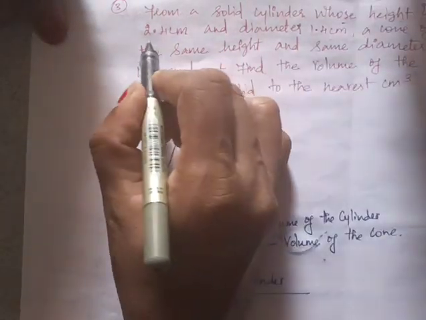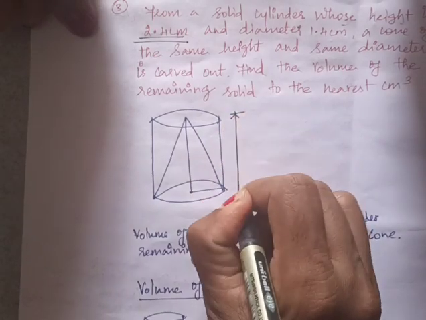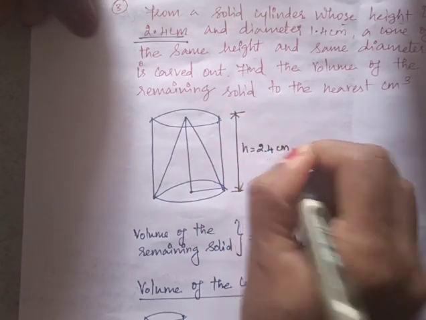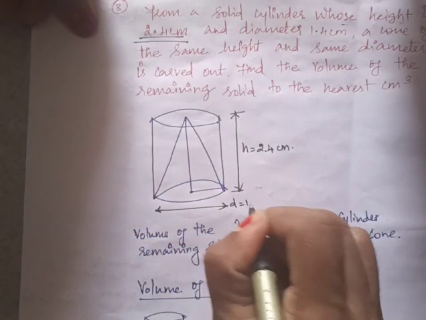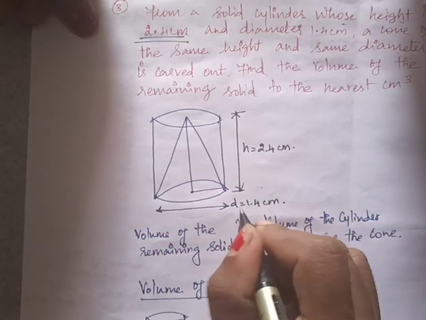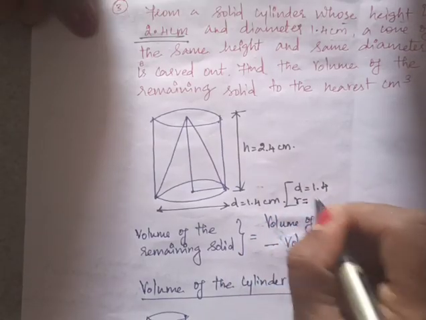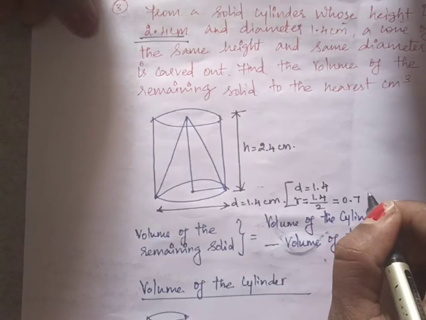Third sum. From a solid cylinder whose height is 2.4 centimeter and diameter is 1.4 centimeter. Diameter 1.4 means the radius is half of the diameter, which is equal to 0.7 centimeter.